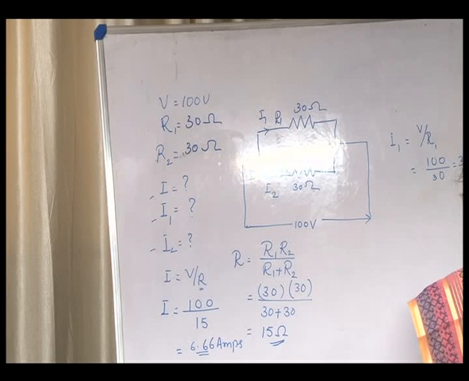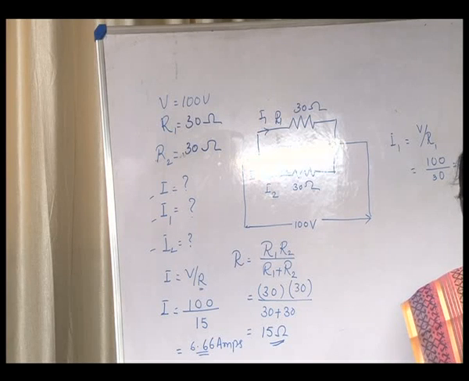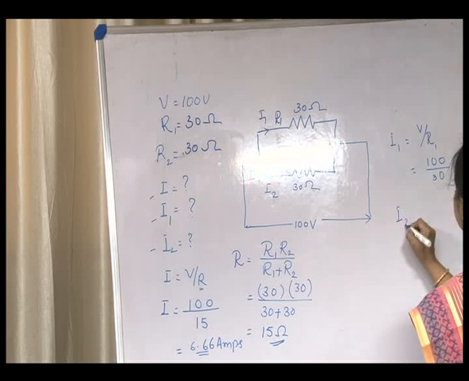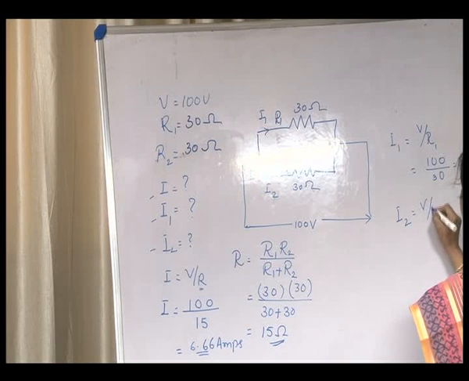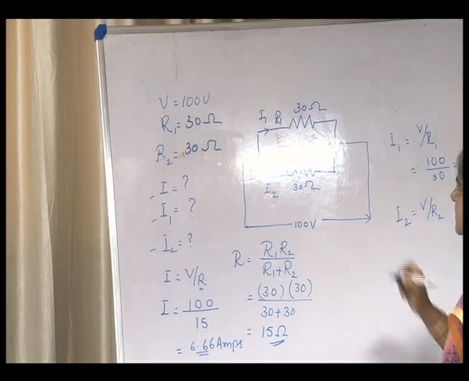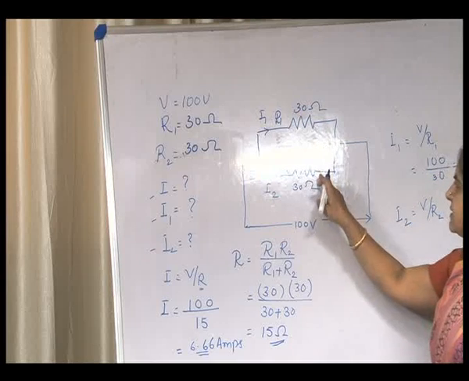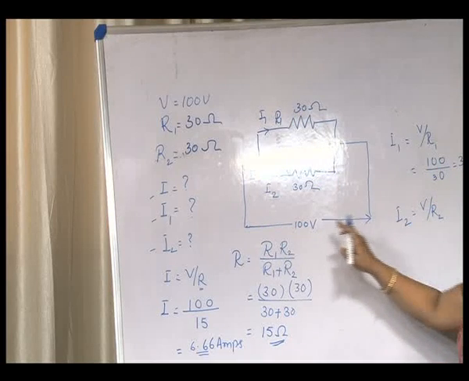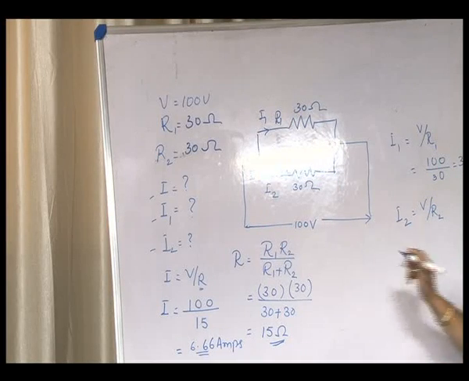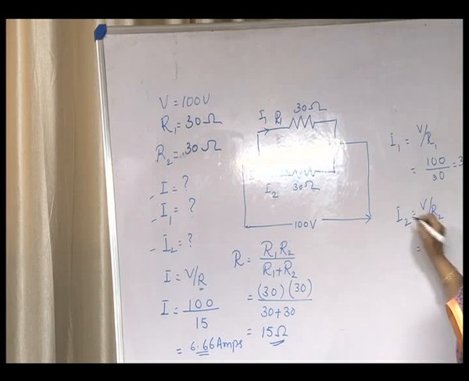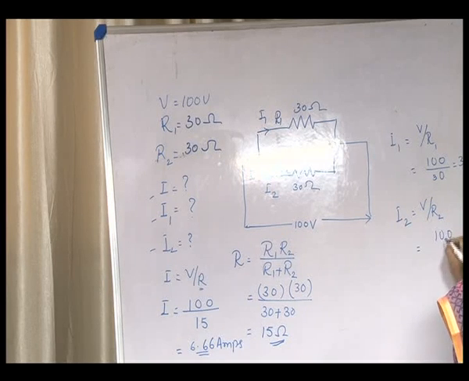That is 3.33 amps, and I2 will be equal to V by R2. The same voltage is used because both the resistances are connected across the supply voltage of 100 volts. Therefore, once again I2 will be equal to 100 divided by 30, that will give you 3.33 amps.